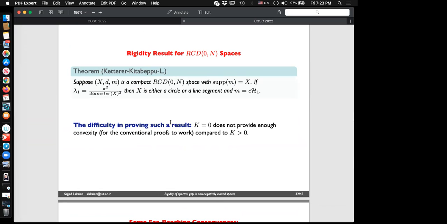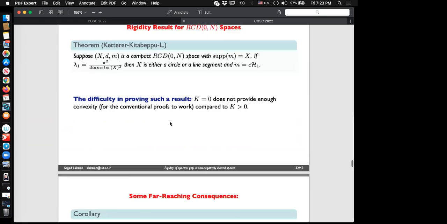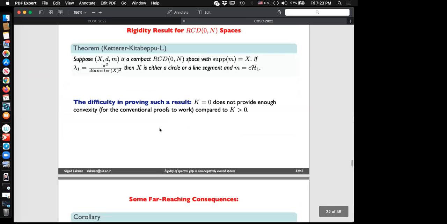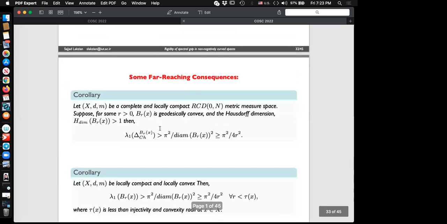If the bound is achieved, we want to show that the space is one-dimensional. Now this question, well, as I said, this non-negative case is much different from the positive case. In the positive case, you can basically use different techniques.